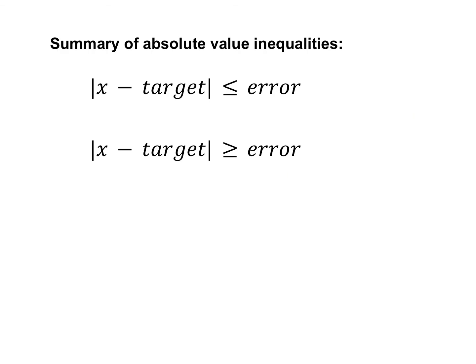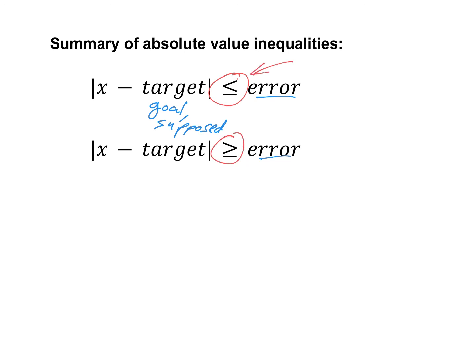And so to summarize, what you're going to have to figure out is it's always going to be x minus the target, and the target is also the goal or what it's supposed to be. The language could be different. And then you're going to have the error margin. And so then what you have to figure out in each problem is, are you dealing with less than, or are you using greater than?